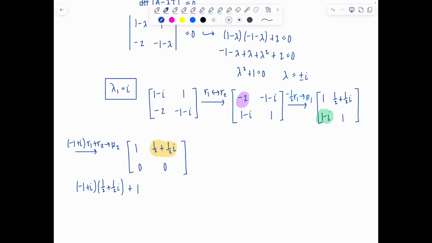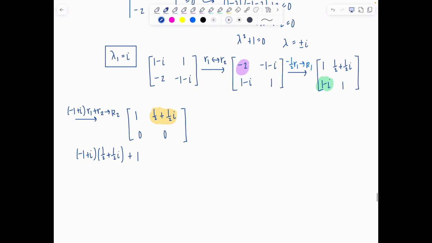So what's the slickest way to multiply this out? I wouldn't start FOILing. No. You see how you could take a 1/2 out of 1/2 plus 1/2 i? Do that. Then you have negative 1 plus i times 1 plus i, plus 1. Yes? So what is this going to give us if we multiplied it out? Those are conjugate pairs.